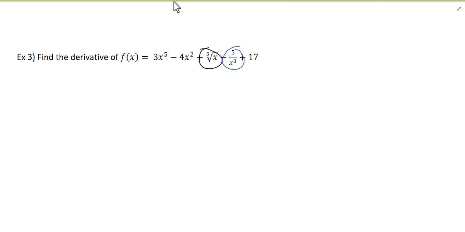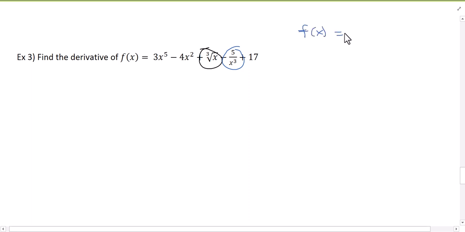So those don't look like the general power rule. My general power rule is f of x equals x to the n, and with the constant, it is cx to the n. So I want it to look like that. And right now they look a little funky. I have a radical and I have a denominator. So the first thing is to rewrite before you take the derivative, if it needs it.